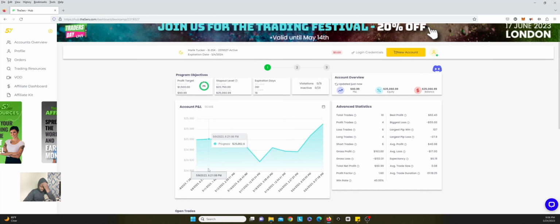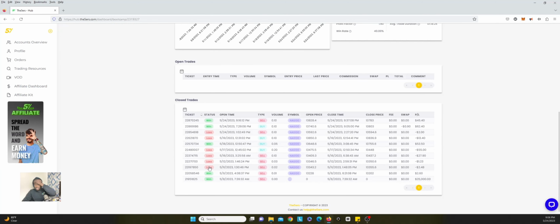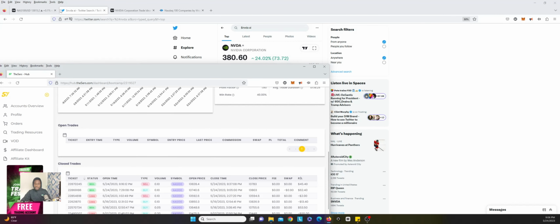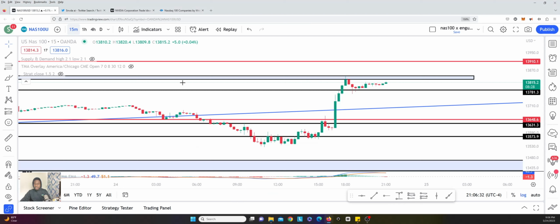It doesn't get much more transparent than this, my friend. So this one, and I haven't traded in so long, just to get the right setup. Give me a second, it's giving me a little trouble here.